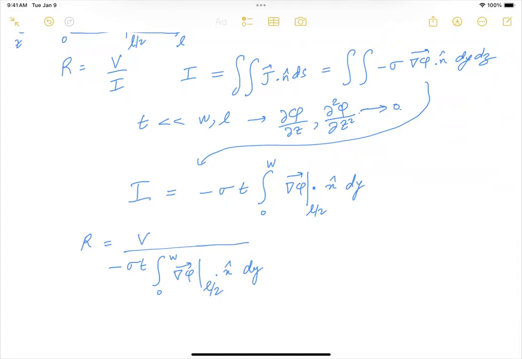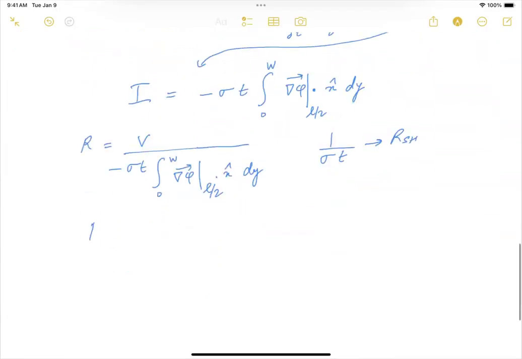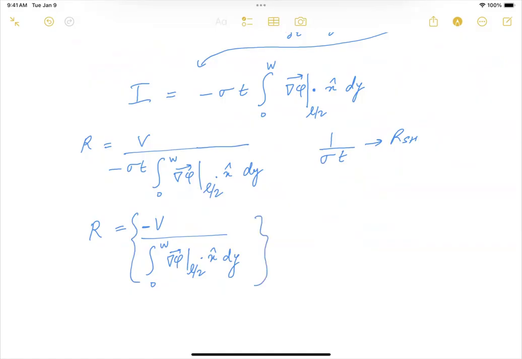And if you notice, what is 1 over sigma T? 1 over sigma T is essentially just the sheet resistance of this voltage plane. And therefore, the resistance is just going to be minus V over the integral from 0 to W of the gradient of phi evaluated at L over 2, dot x cap dy, this whole thing times the sheet resistance.